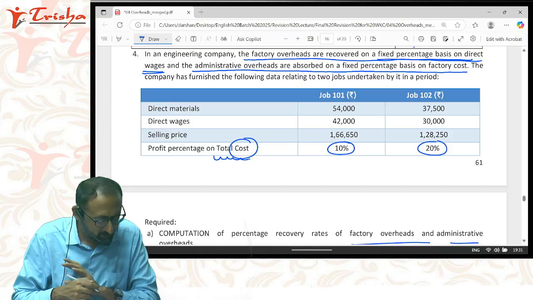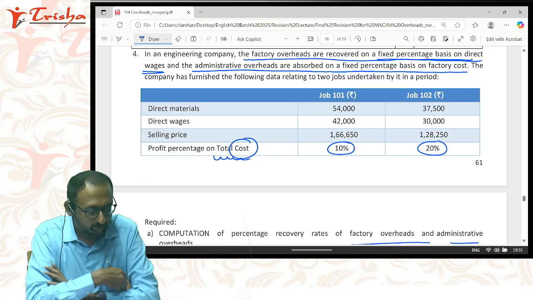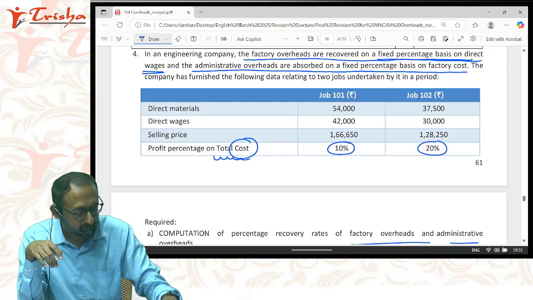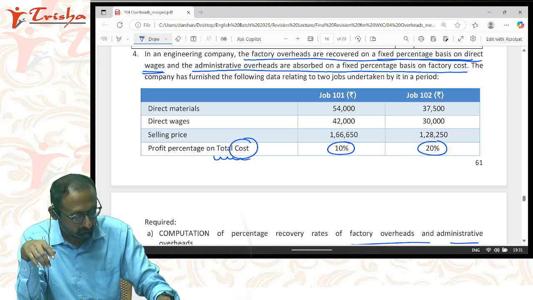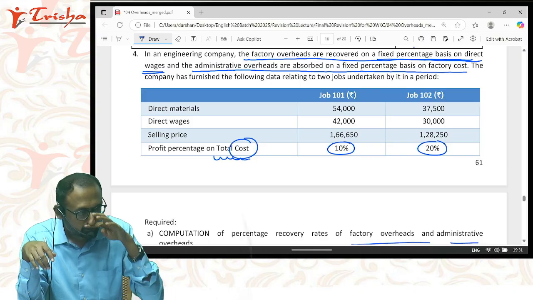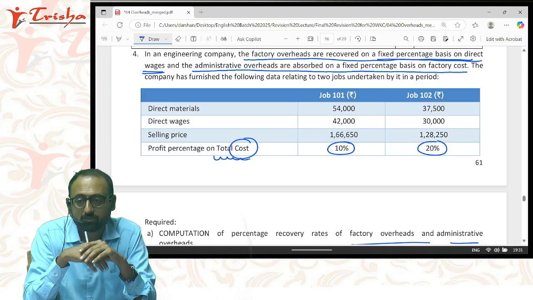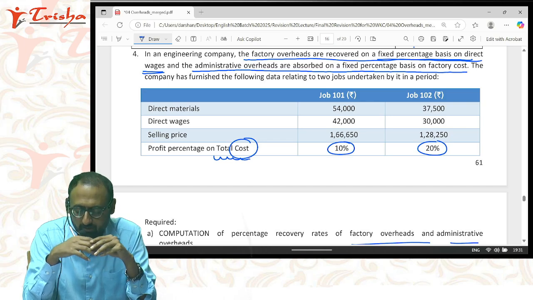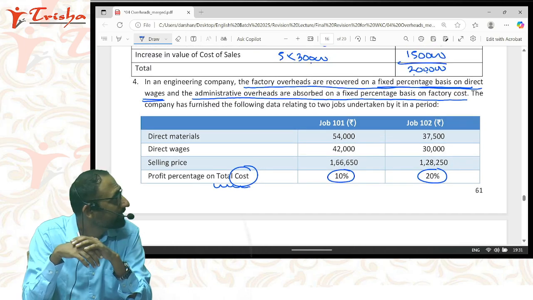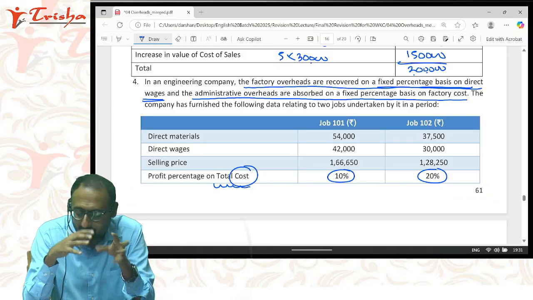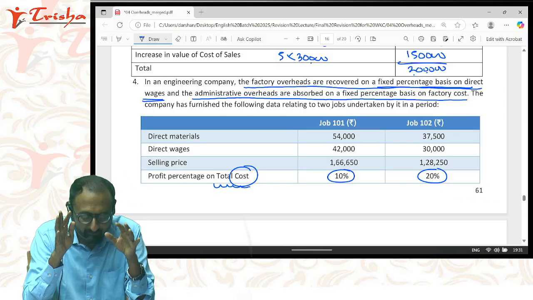Sir, again read the first paragraph. What is the factory overhead rate? It is some percentage of direct wages, correct?